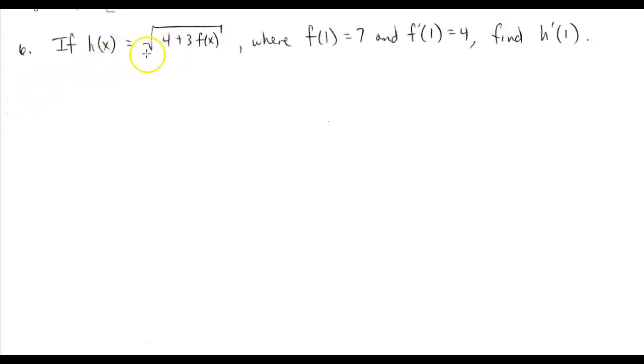So first thing we need to do is find out what the derivative of h of x is. So let's rewrite h of x as 4 plus 3 times f of x, all that raised to the 1/2 power.